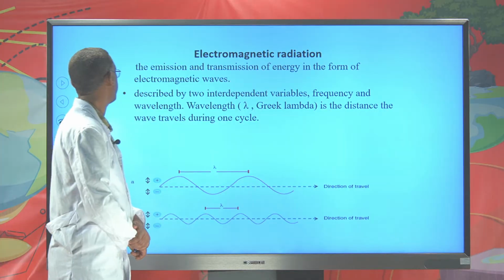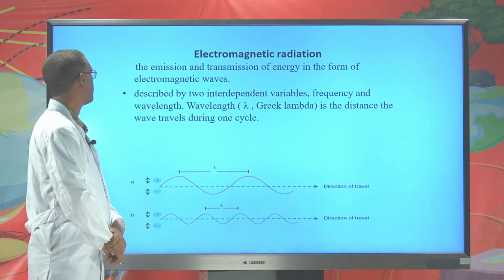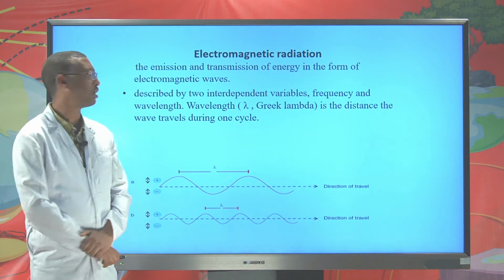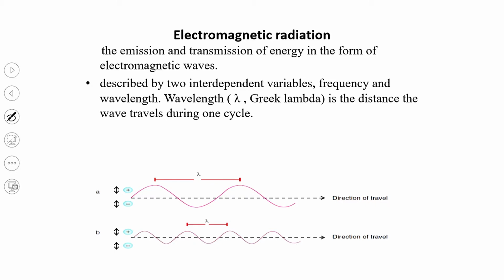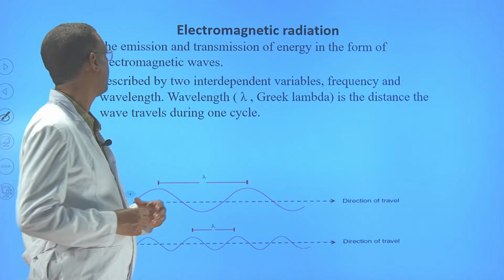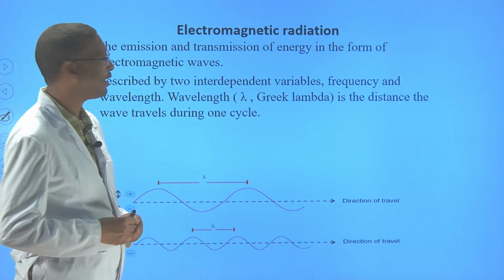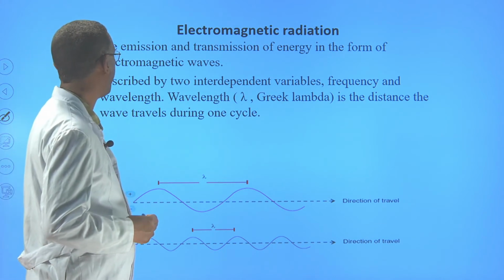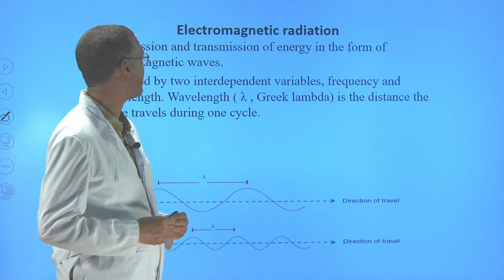Electromagnetic radiation is the emission and transmission of energy in the form of electromagnetic waves. So an electromagnetic wave has two natures, electric and magnetic. Electromagnetic radiation is described by two interdependent variables.